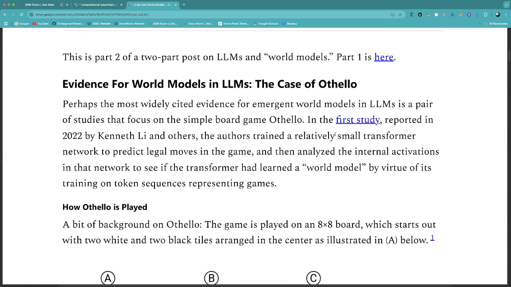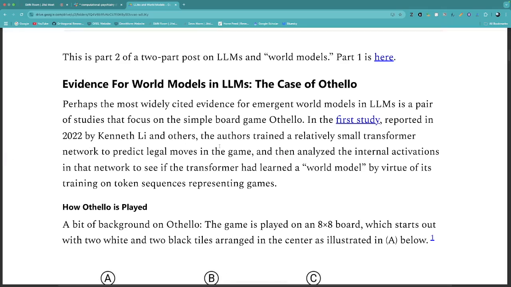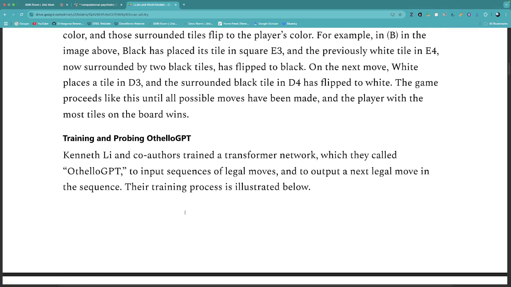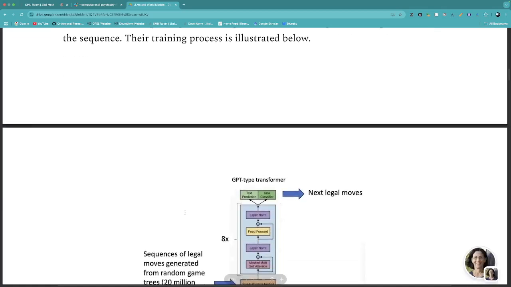The authors trained a relatively small transformer network to predict legal moves in the game and then analyzed the internal activations in that network to see if the transformer learned a world model by virtue of its training on token sequences representing games. Basically, they trained the transformer network, which they called Othello GPT, to input sequences of legal moves and to output a next legal move in the sequence.